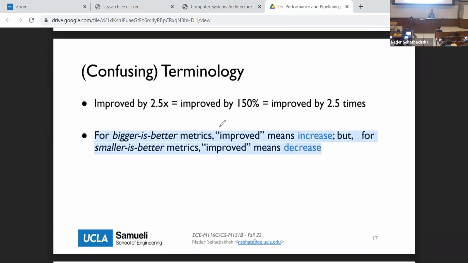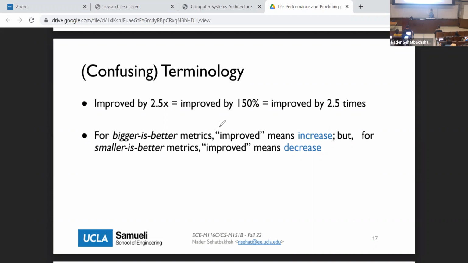That's how we are using this terminology. The second thing is, when we say improve, if bigger is better, it means that the value has increased. For example, if I say I improved the throughput, it means the value of throughput has increased, like it was 5 and now it's 10 or 20. But on the other hand, if smaller is better, then improve means decrease.